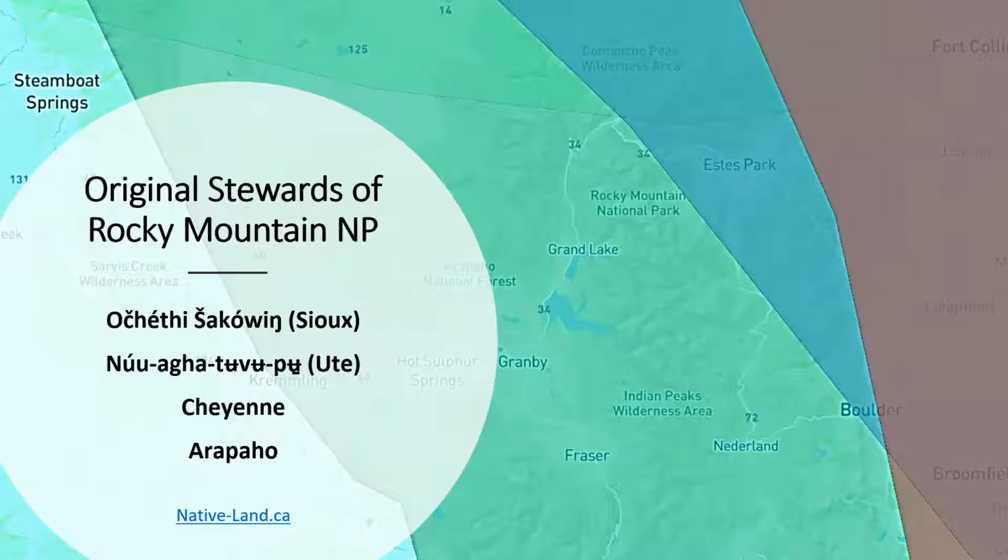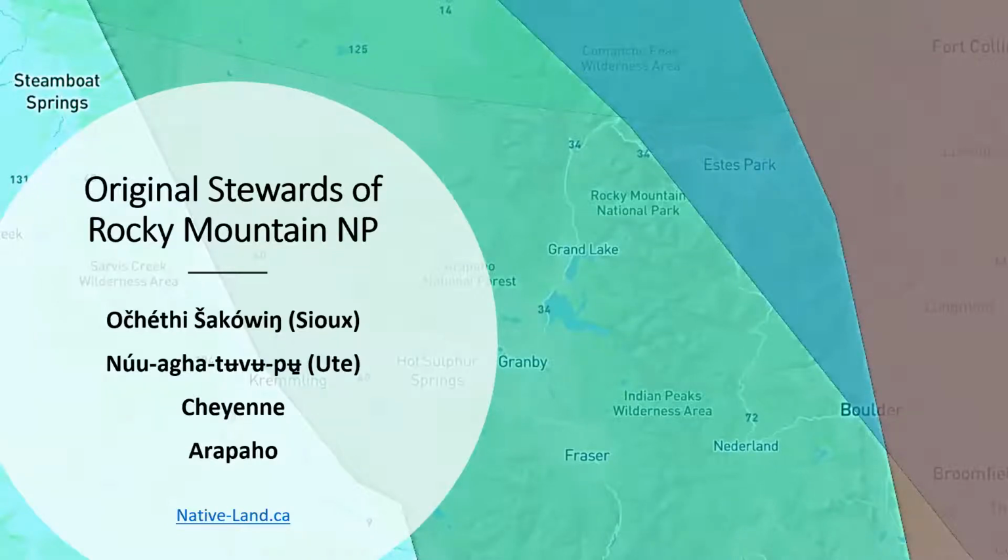But these territories often overlapped. For example, if you go to the interactive map and click on the area covered by Rocky Mountain, you can see that the original stewards included the Sioux, the Ute, Cheyenne, and Arapaho, right? So all these different tribal nations were using and occupying these landscapes, and their territories covered those landscapes.